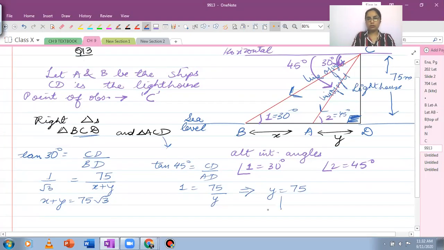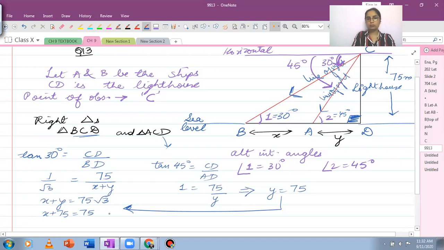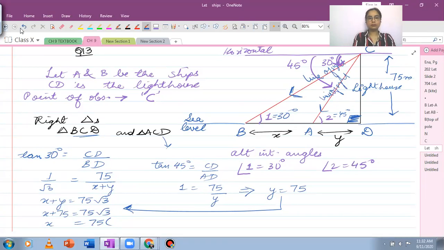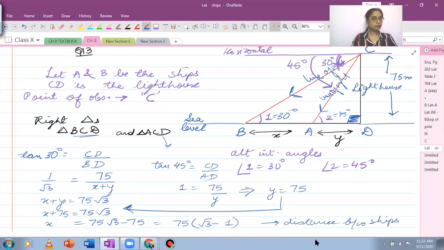So use this value in this relation, and you will be able to obtain x. x actually is the distance between the two ships. And you can just write down the units along with these. This is in meters. Any questions?